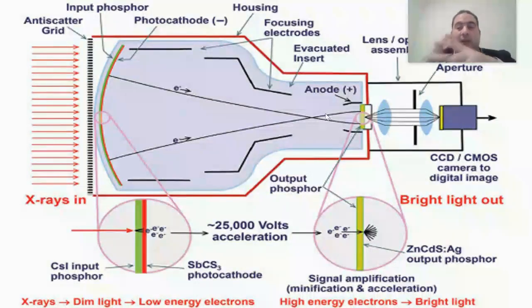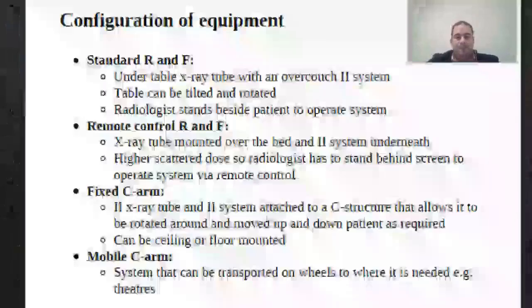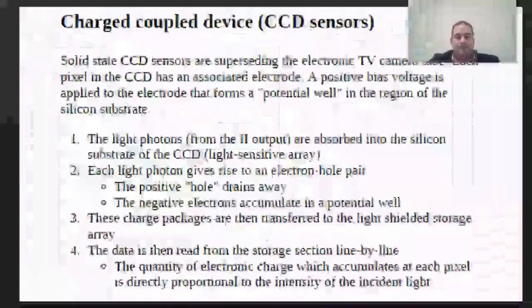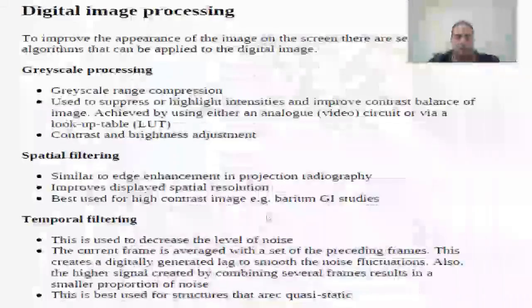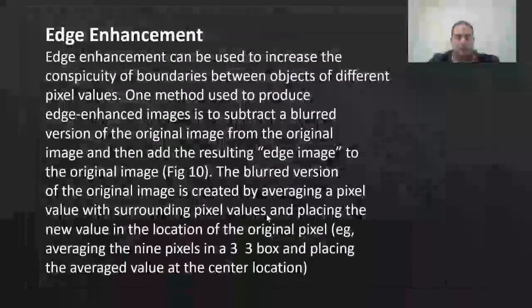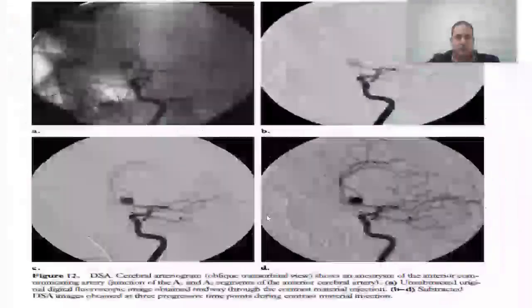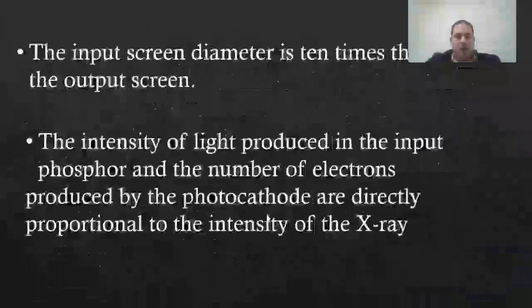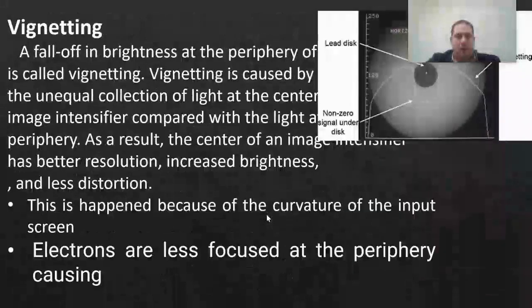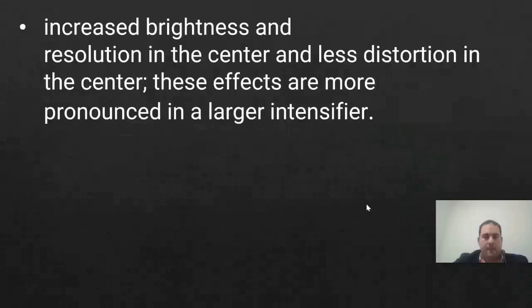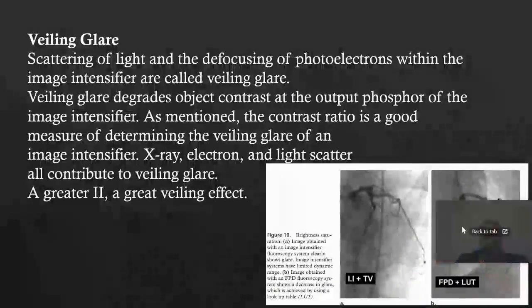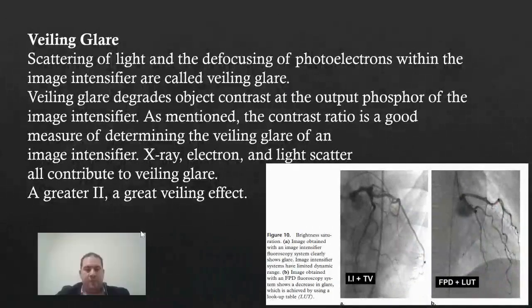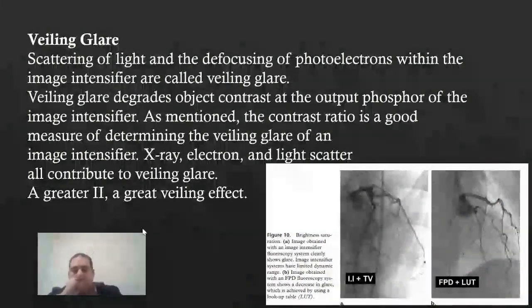It will create an artifact called veiling glare, which reduces the contrast in the image.